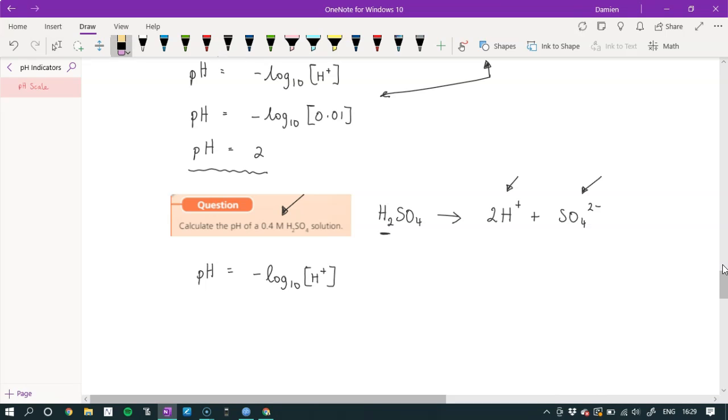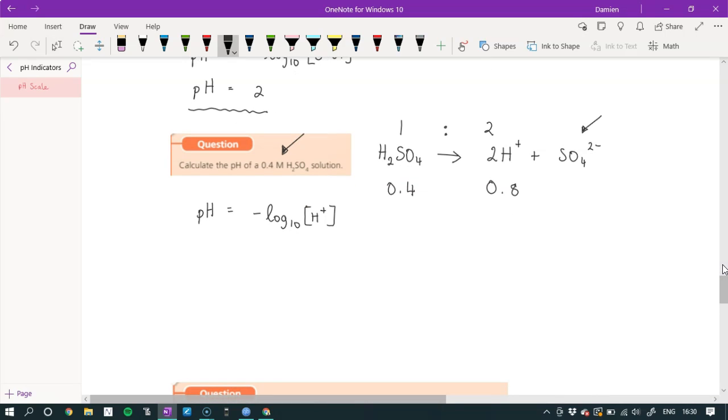Now, if we have H2SO4 and the question says that we have 0.4 molar solution, because we have a ratio of 1 is to 2 on this side, 0.4 molar of the H2SO4 will produce 0.8 moles of the other one.